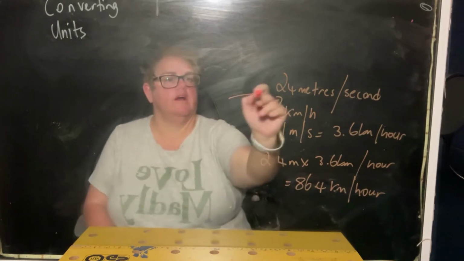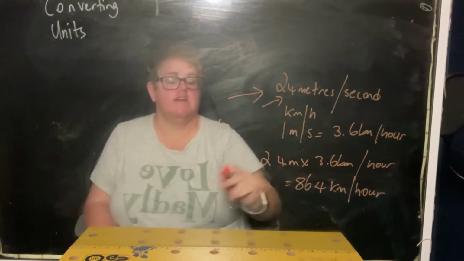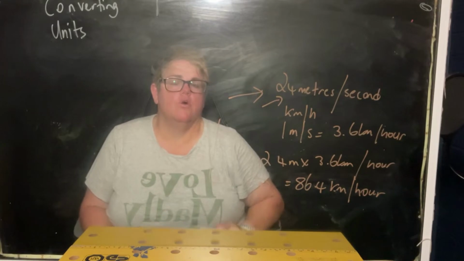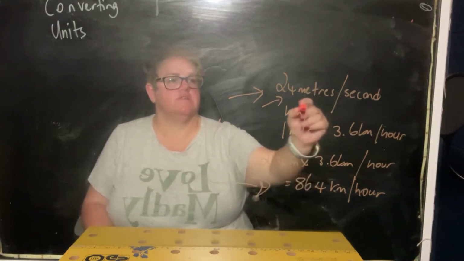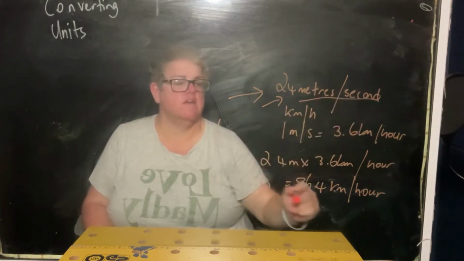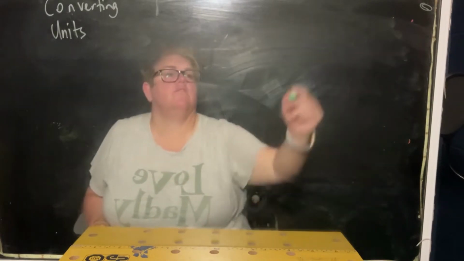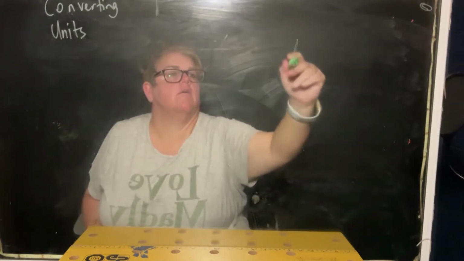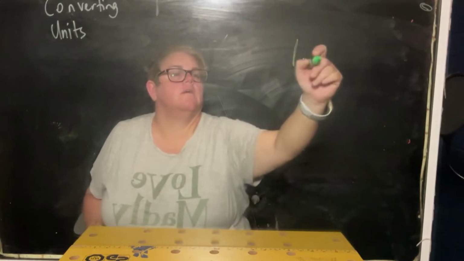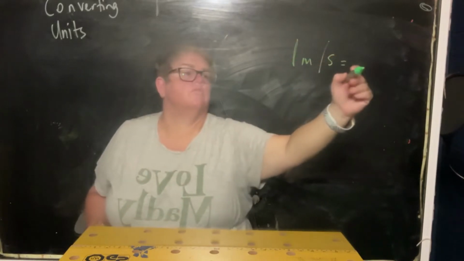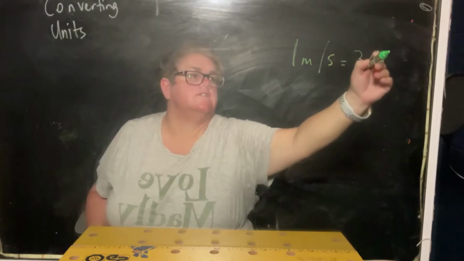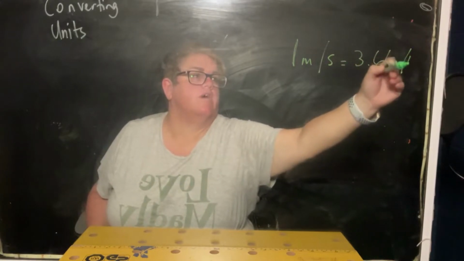So this one here and this here is actually the same speed. All we've done is express it, rather than in meters per second, we've now changed it to kilometers per hour. Okay, so let's give it a rate again of 1 meter per second to 3.6 kilometers per hour.